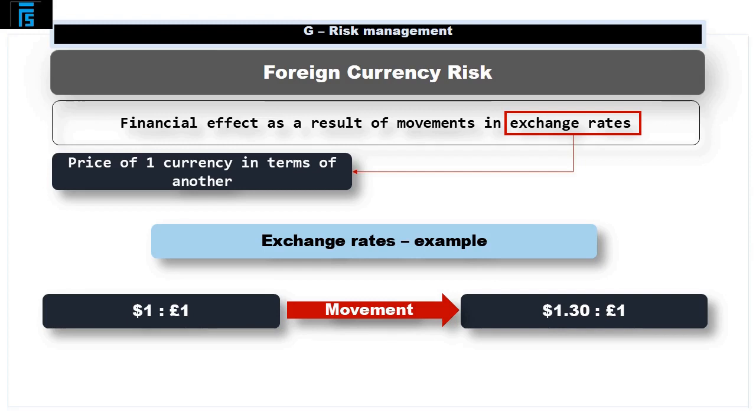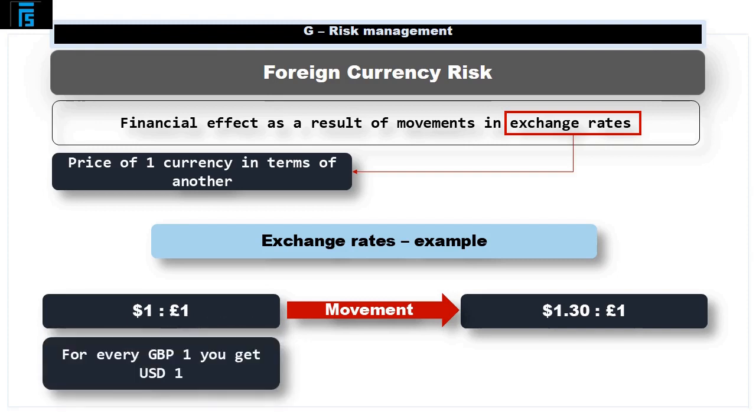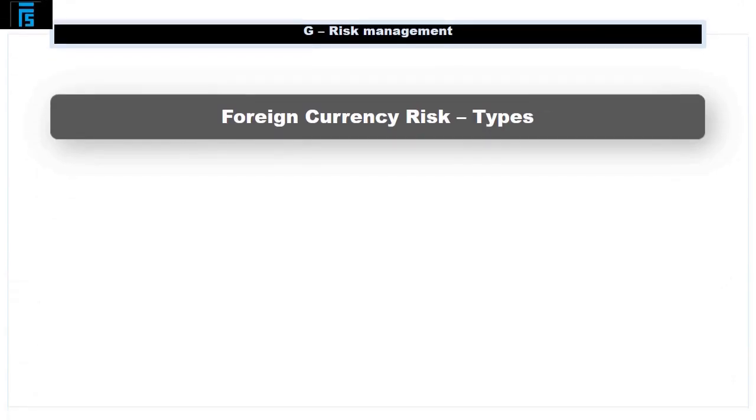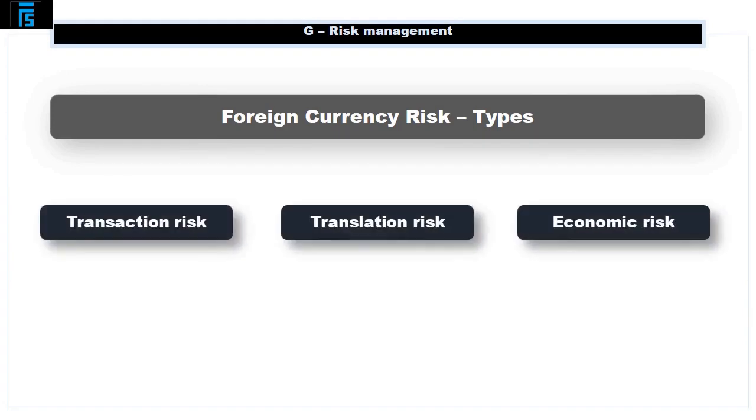This would mean that anyone who exports from the USA to the UK used to get $1 for every pound of export revenue, whereas they are now getting $1.30 for every pound of export revenue. Foreign currency risk can be one of three types: translation risk, transaction risk, and economic risk.